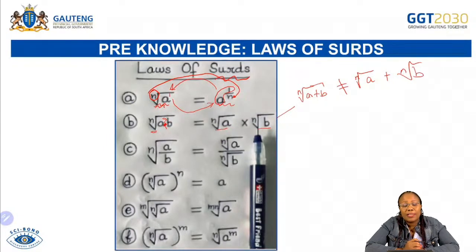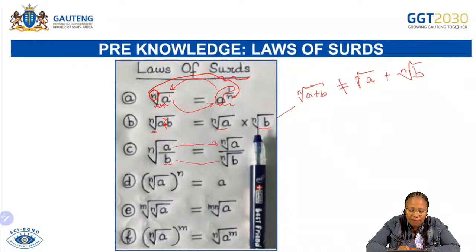And then rule number C, we are looking at the nth root, and this is now the quotient. As you can see, it's a division there. So now each and every one of these can take the nth root. As you can see, the a has taken its nth root with the division line, and b has taken the nth root. You can even move it in reverse, from this point to that one. We are more than welcome to do that.